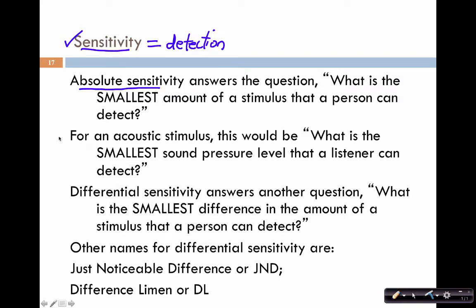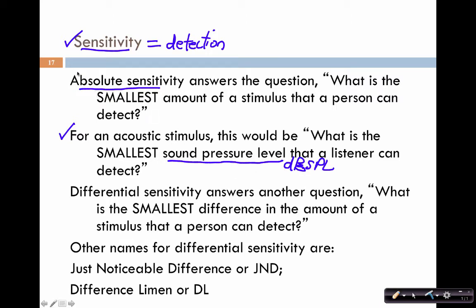And when we think about this for the auditory system, we basically could convert this into what's the smallest or the least amount of sound pressure level. So in sound pressure level, we're talking about dB SPL, as you discussed in the acoustic section of this course.